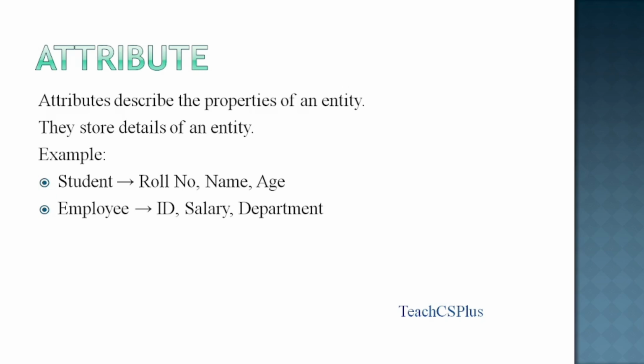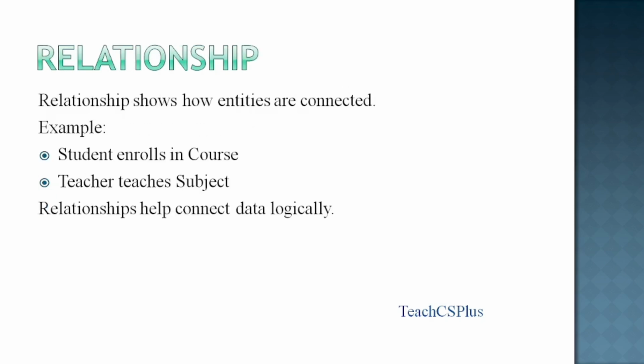As an example, for student it will be roll number, name, age, and many more. For employee, it will be ID, salary, department name, and many more. Okay, these are attributes.